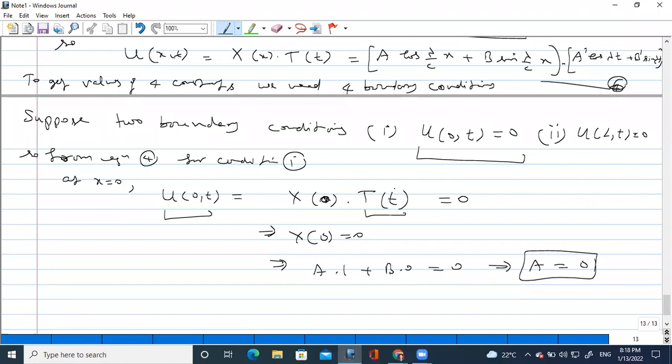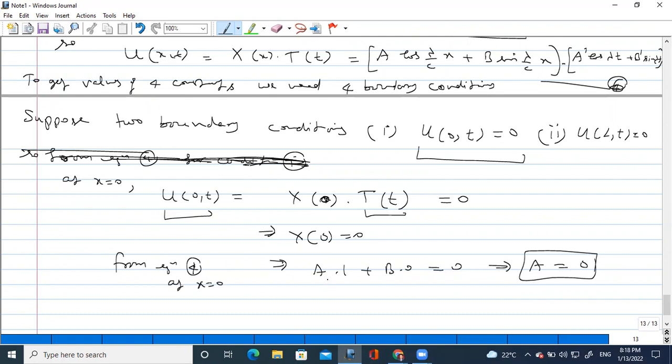Now T(t) cannot be 0. So that's why X(0) only will be 0. So X(0) is 0 means now from equation 4, you can write this thing. From equation 4 you apply at x equal to 0.